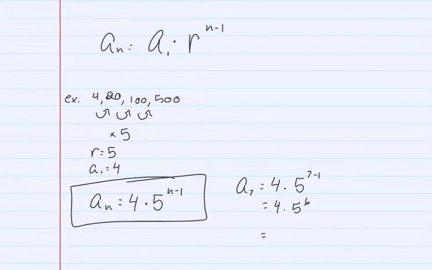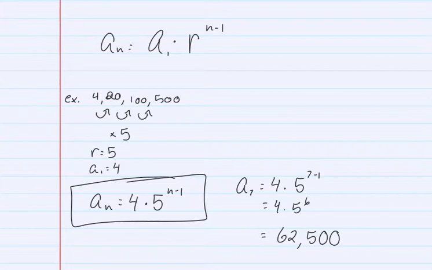Make sure we follow our order of operations and do 5 to the 6th power first, and then multiply by 4, which equals 62,500. We could, of course, be given different pieces of information and have to solve, for example, for a sub 1 in order to write our rule. Those examples are present on pages 811 to 812.